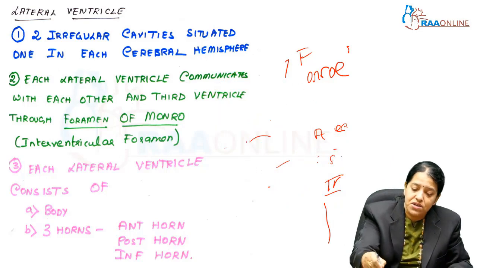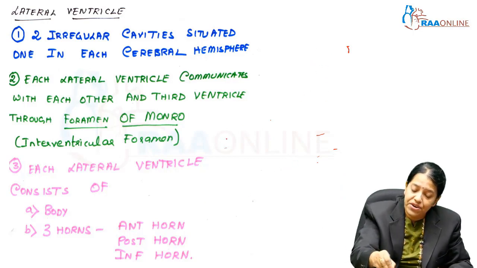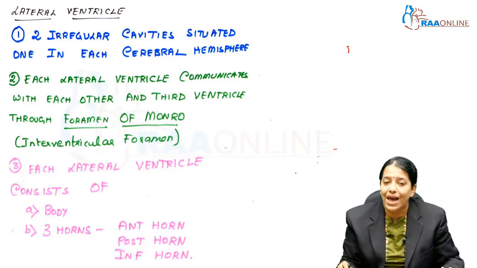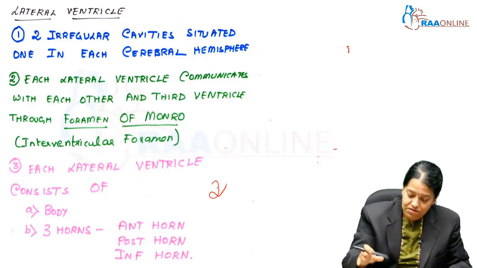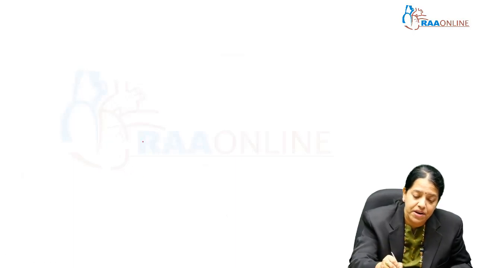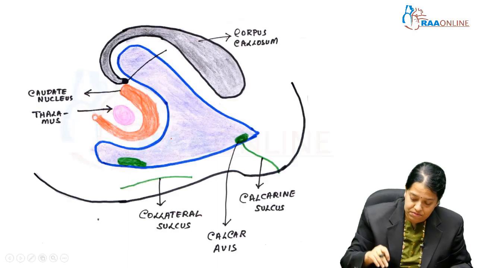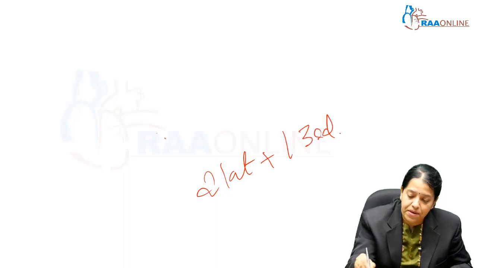To repeat, the ventricular system of the brain consists mainly of four ventricles. Let me go to the blank slide. We have two lateral ventricles, plus one third ventricle, plus one fourth ventricle.